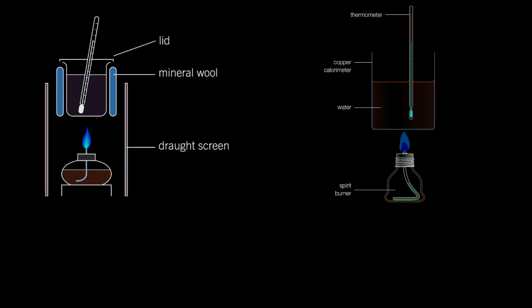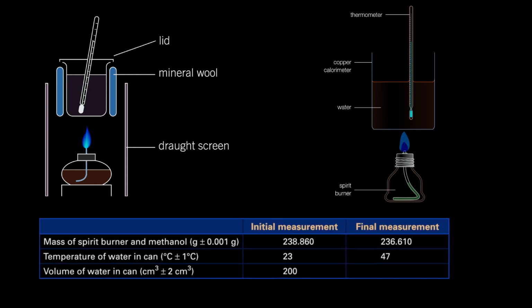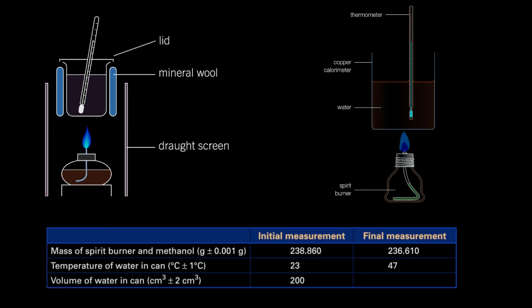Now, if the volume of water is given in cm cube, remember pure water is 1 gram per cm cube. So let me paste that table first. So this is the table.